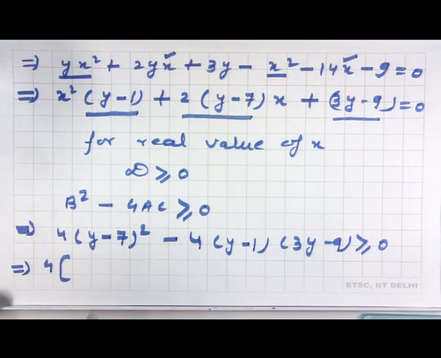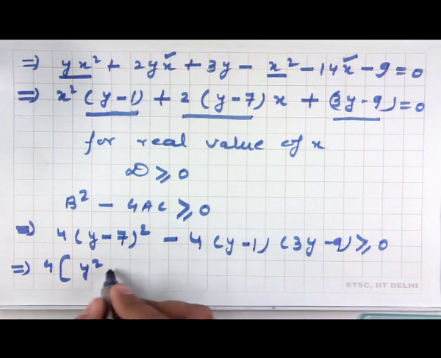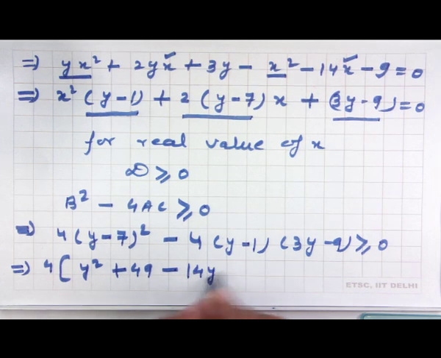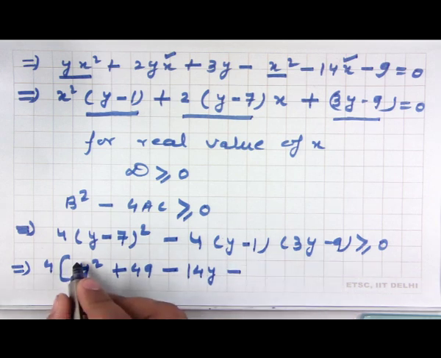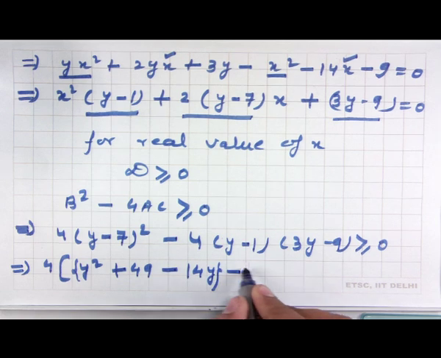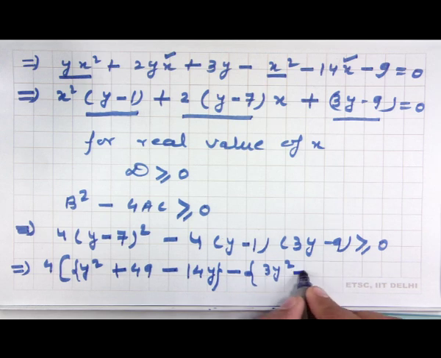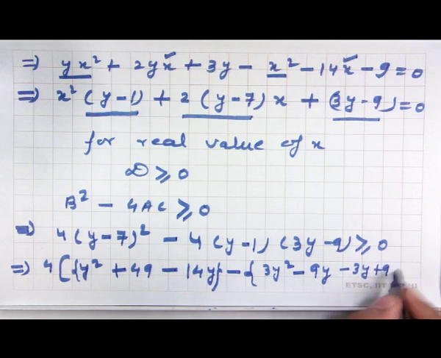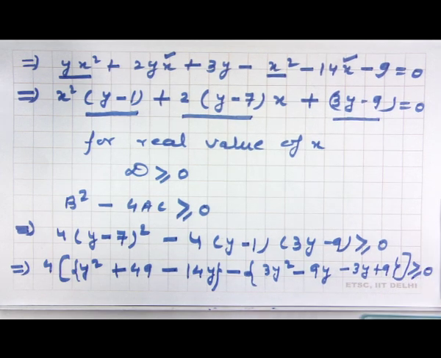Take the common and expand the square: y square plus 49 minus 14y, and it is 3y square minus 9y minus 3y plus 9 greater than or equal to 0.